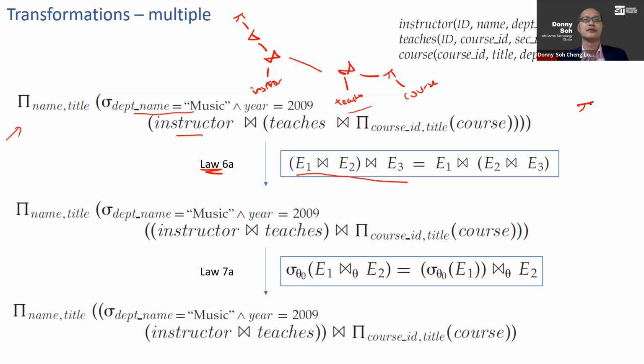Okay, so if I want to draw this, it is still going to look a bit messy, but it will be a little bit better. Instructor and teaches, and this is pi and course. So this is how this looks like right now.